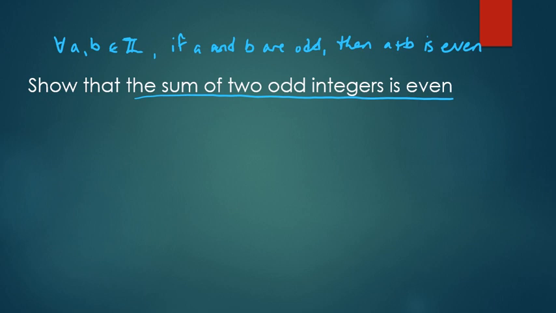The second step is to suppose that you have a particular yet arbitrarily chosen element, or in this case, elements of your domain. In this case, our domain is the set of all integers or the set of all whole numbers, and we're working with two such numbers, so we call them a and b. Now, let me just clarify the particular yet arbitrarily chosen.